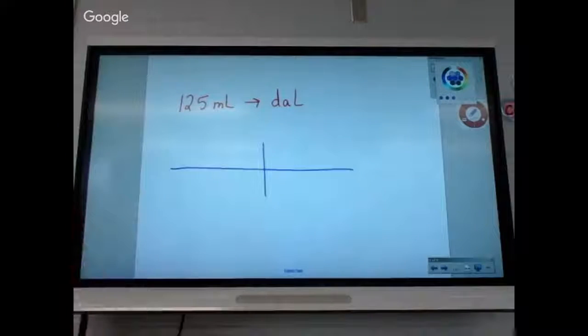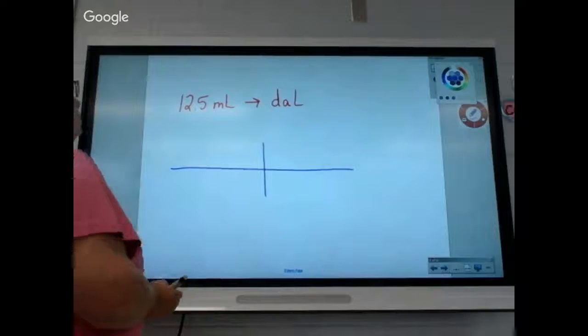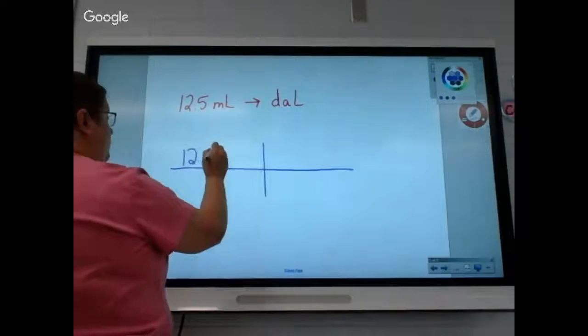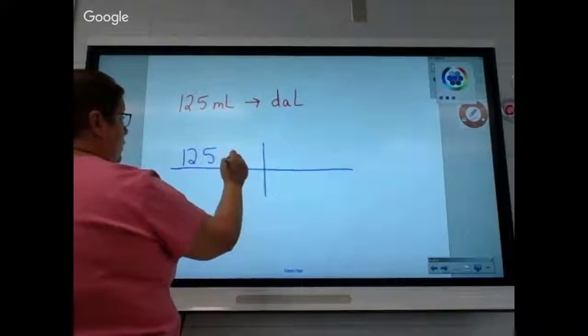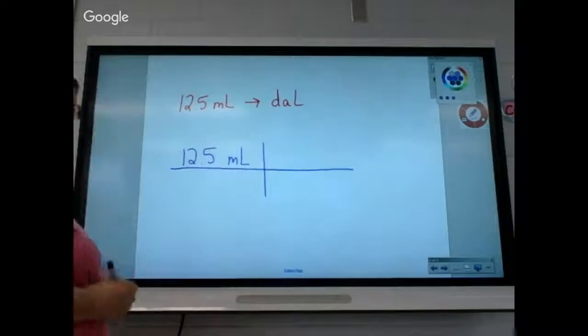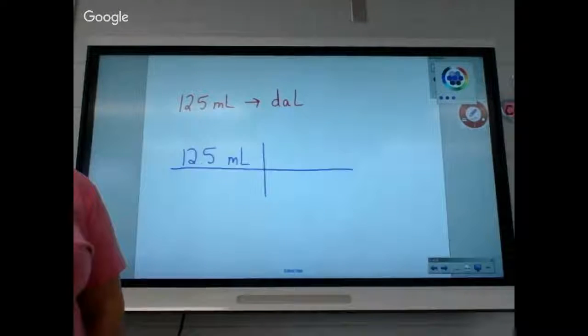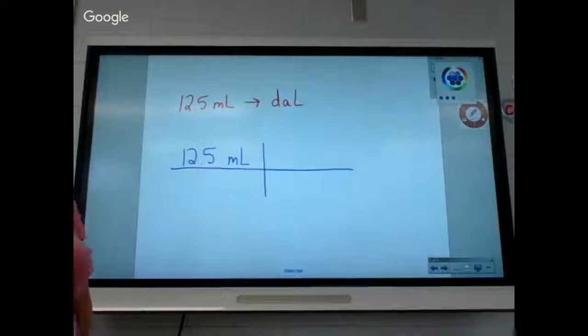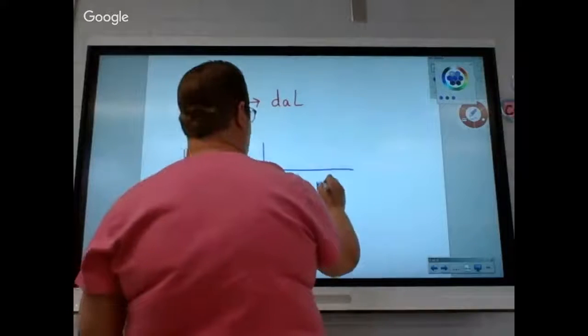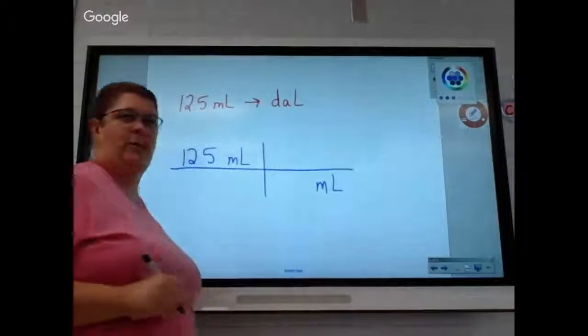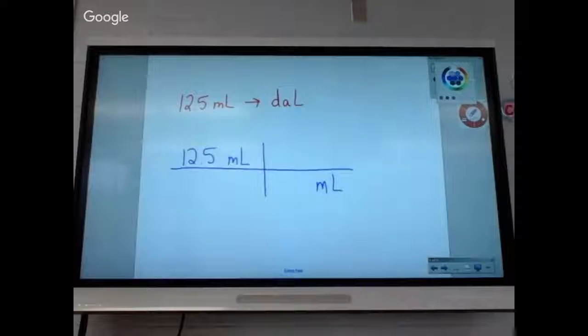What goes on top? 12.5. Okay. What do I do next? Milliliters to the bottom because I want it to cancel out. What I don't want always goes on the bottom. Okay, what do I do next?